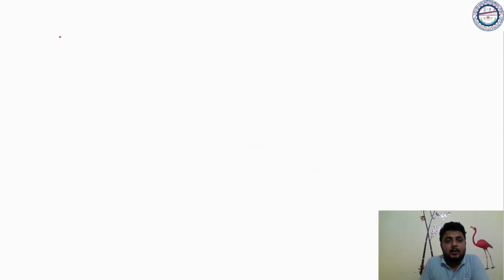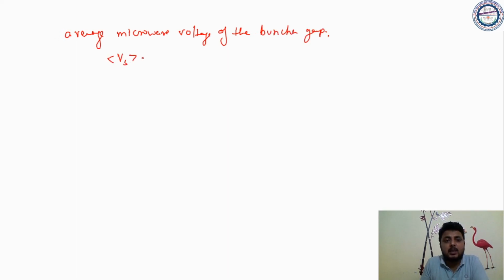Now we will try to find the average microwave voltage of the buncher gap. This can be found using averaging of the signal voltage Vs over the time duration, starting from t0 to t1, so Vs into dt. Vs is nothing but V1 sine omega t into dt.